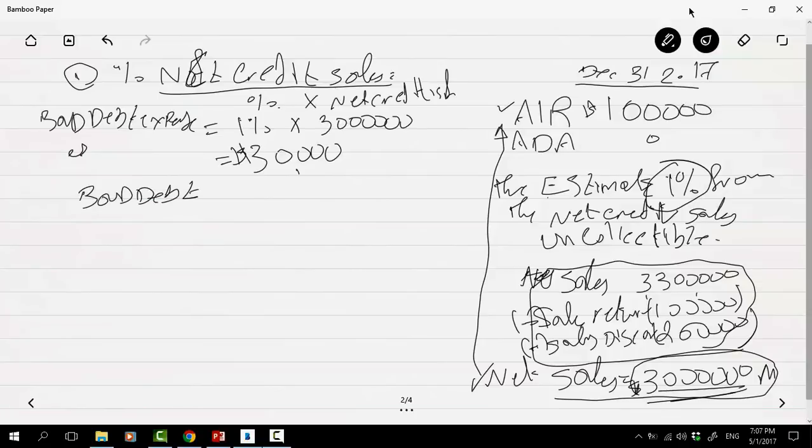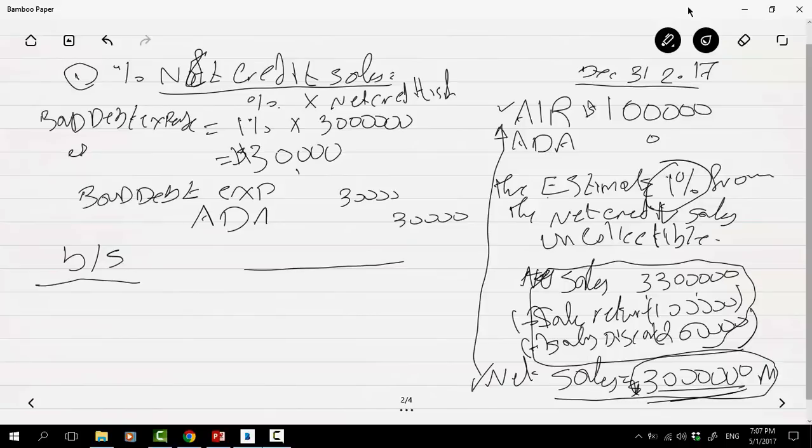How will the company record the estimation at the end of the year? It will record bad debt expense and ADA with $30,000. Can you report the accounts receivable on a balance sheet? For sure. Why? This is the ADA, allowance for doubtful account. Beginning balance 0 and adjustment for 30,000, the ending balance 30,000.